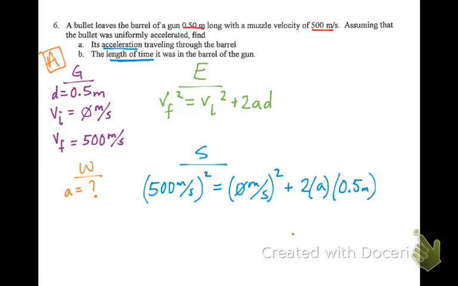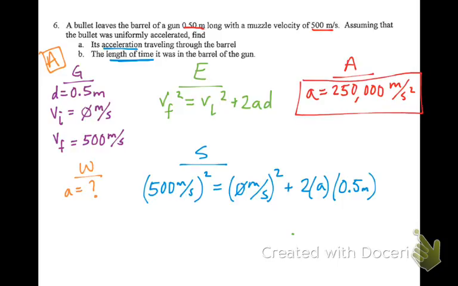Plugging that in, we get our final answer of, holy cannoli, that's huge, 250,000 meters per second squared. In other words, you're not going to dodge said bullet, so don't get in front of it.